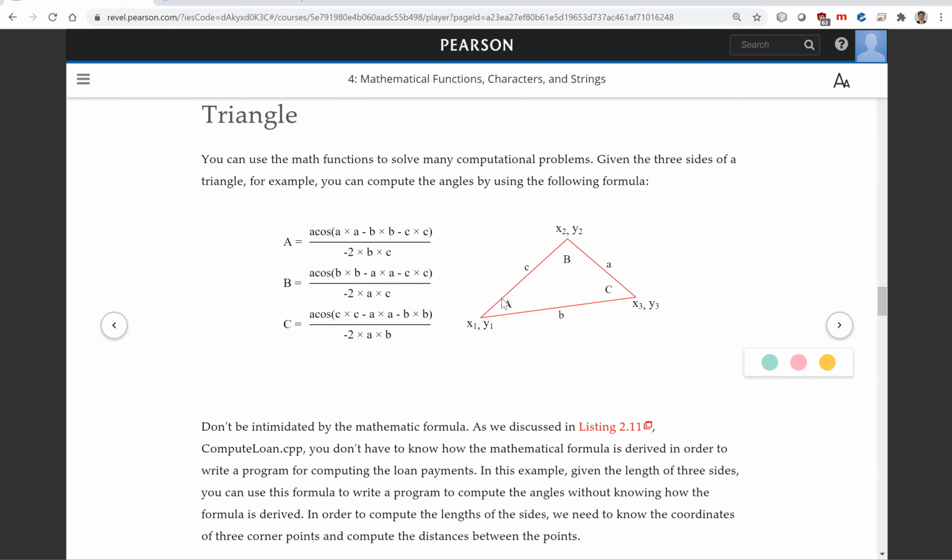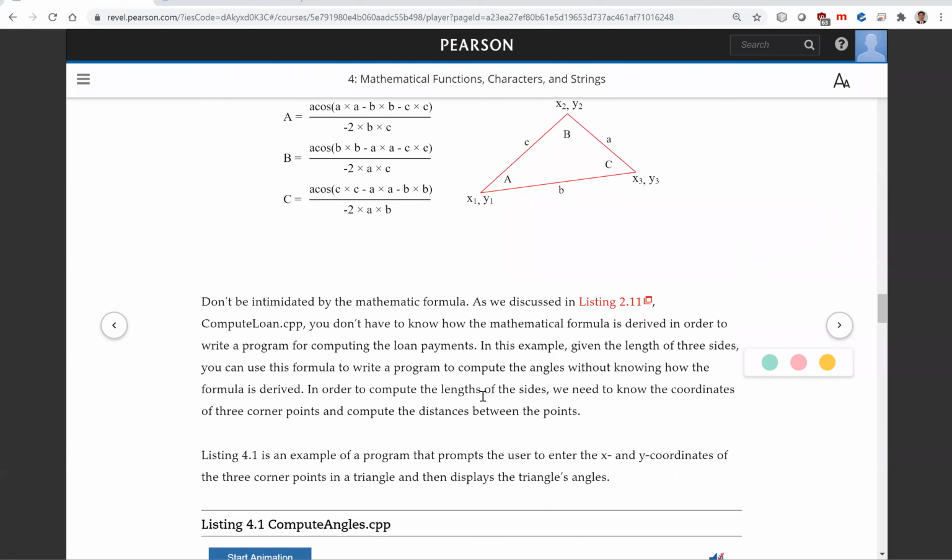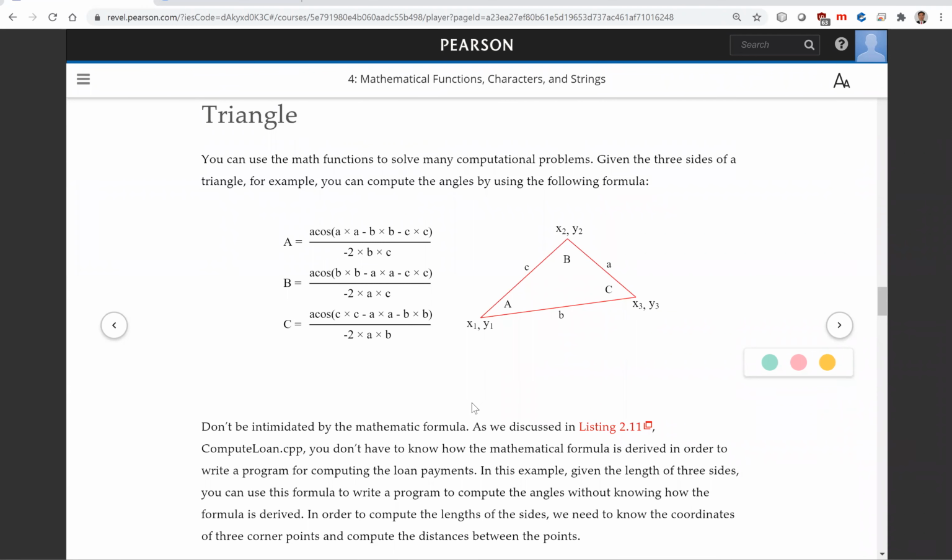A is the arccosine, and a, b, c are the distances between the points. These are the sides. Don't be intimidated by the mathematical formula.